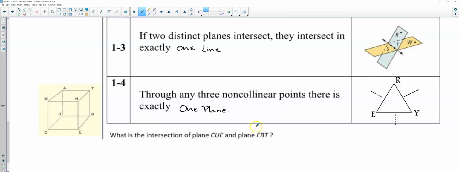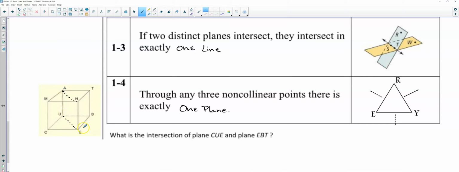For example, in here, look here, are points A, U, and E on the same plane? Some people may think, well, no, they're not. Like I said, if you have 3 points, they're always on a plane. Take a look. What if I draw this diagonal and this diagonal right here? You see that plane, even though it's not drawn, points A, U, and E are on the same plane.